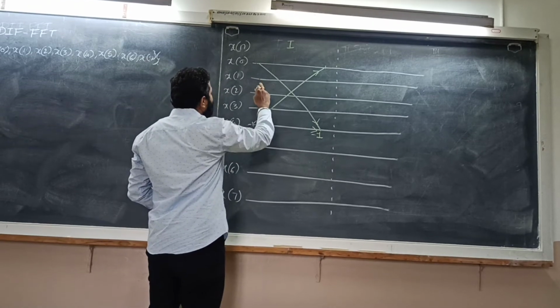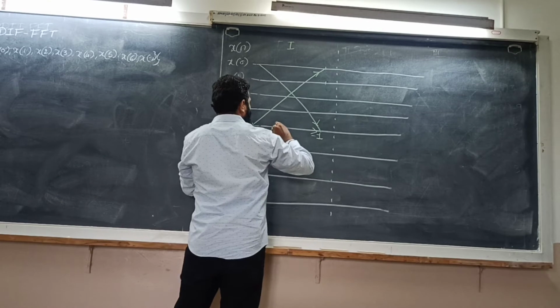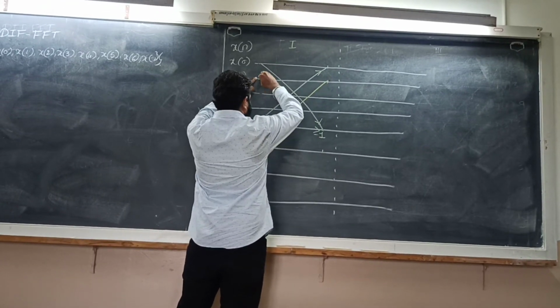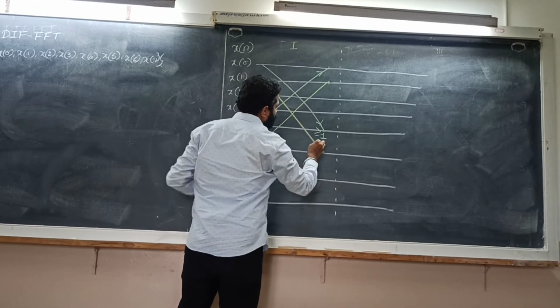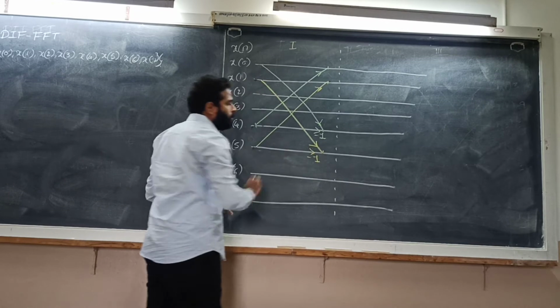Second value, third, fourth, fifth and sixth, by negating sixth.